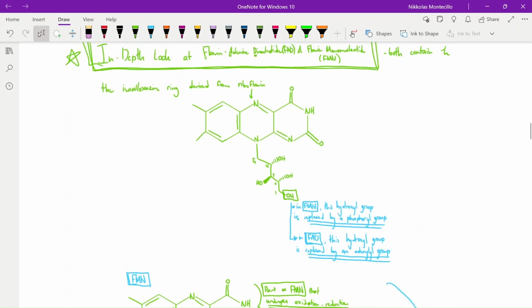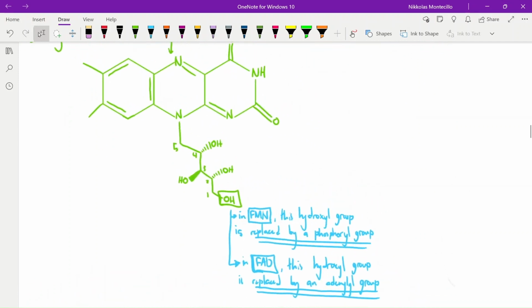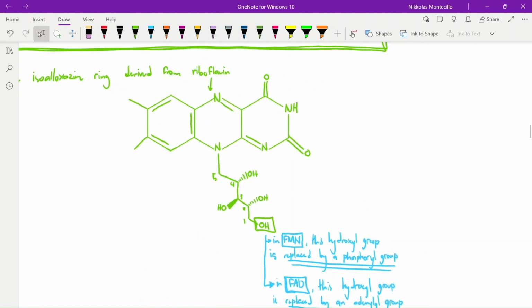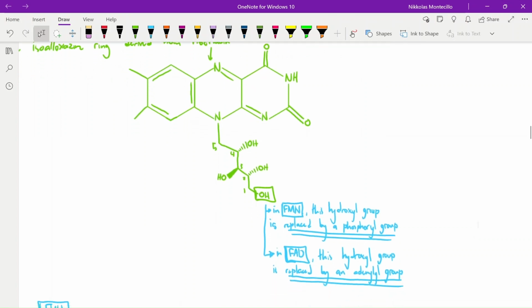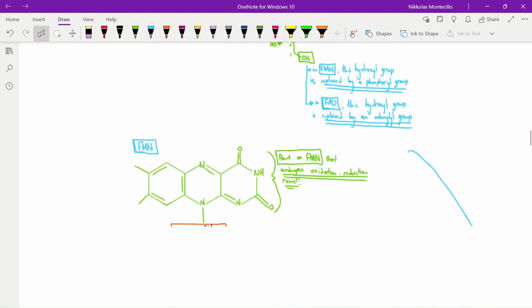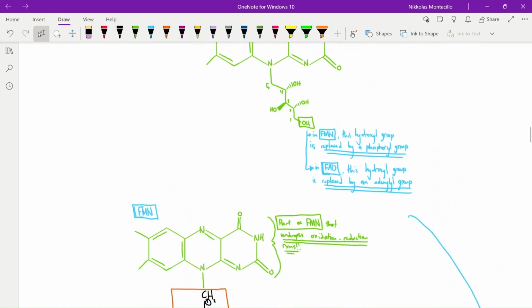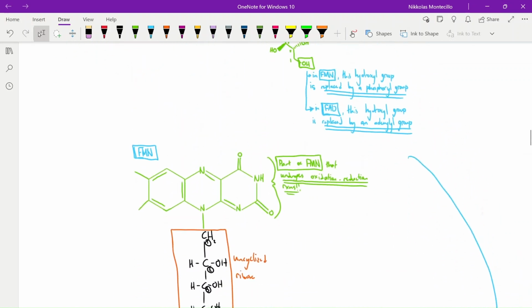The key difference is that in FMN, flavin mononucleotide, the hydroxyl group is replaced by a phosphoryl group. In flavin adenine dinucleotide, this hydroxyl group is replaced by an adenylyl group. Okay? If you can just picture that.